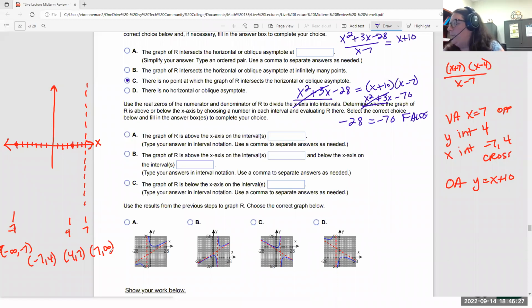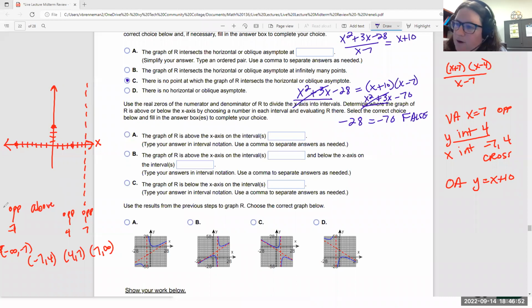So then I just need to figure out, it's going to be opposite. It's going to change at each of these because none of the factors were squared. So it's going to alternate above, below, above, below, or below, above, below, above. So all I need is one point in one of those intervals, and I've got it. The y-intercept is 4. So that tells me that this middle piece here is above.